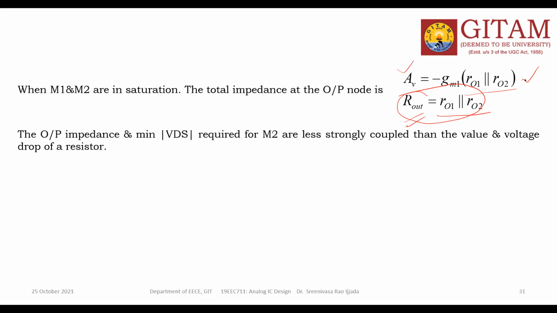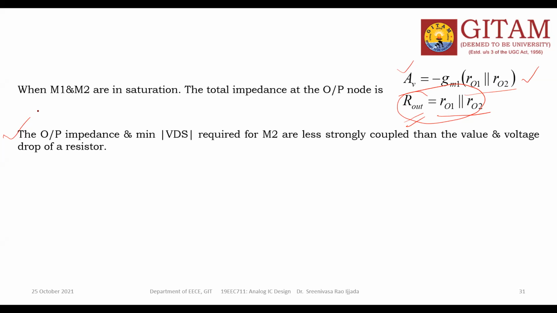The output impedance and the minimum VDS required for M2 are less strongly coupled than the value and voltage drop of a resistor. Remember this statement, read once again. So earlier we had two circuits: one is the common source with the RD load, and the other is the common source stage with the diode connected load.